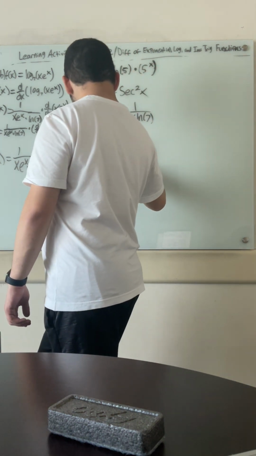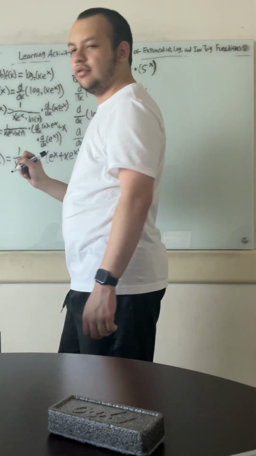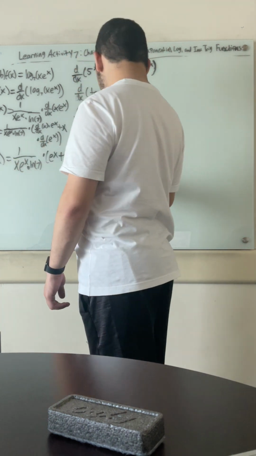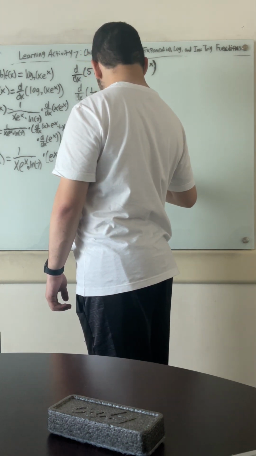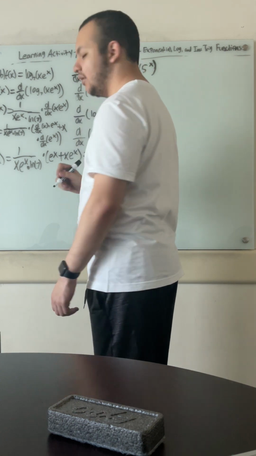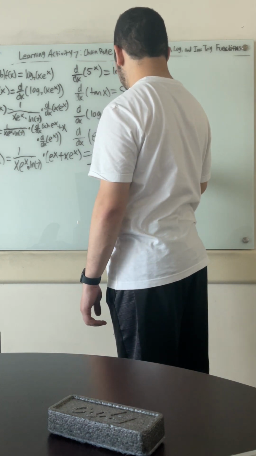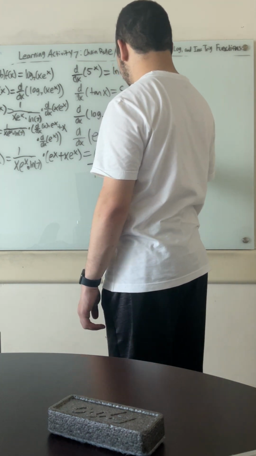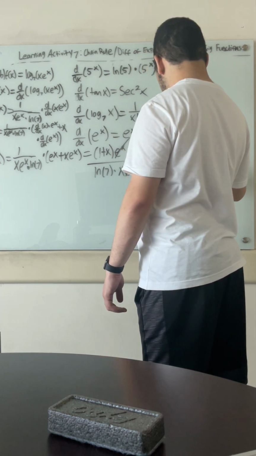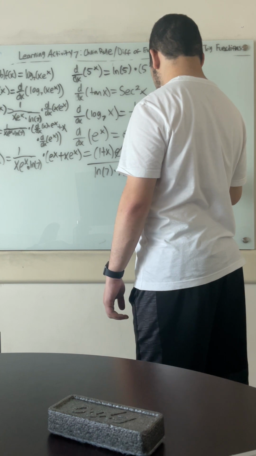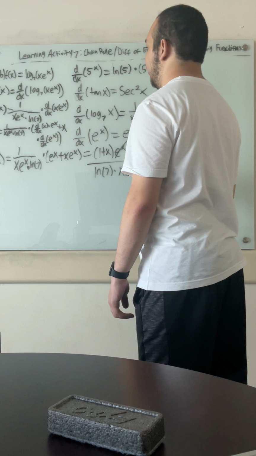So we got 1 plus x times e to the x over ln of 7 times x e to the x. And notice that right here we can cancel out an e to the x. So we cancel an e to the x out from both. And we've got 1 plus x over x ln of 7. And that's our 5b.